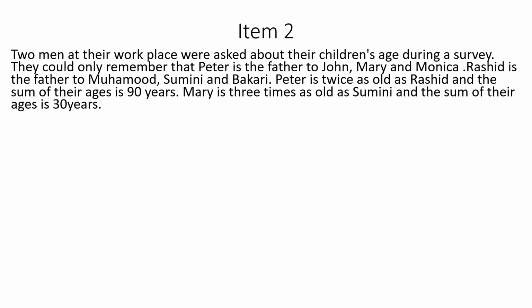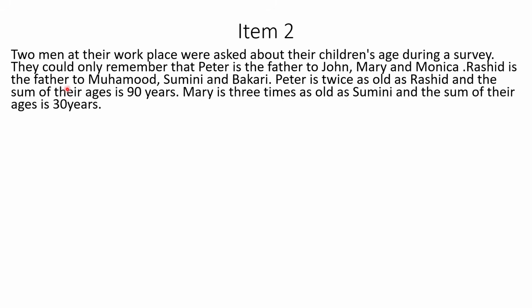And in item 2, this is the first paragraph. The two men at their workplace were asked about their children's age. During a survey, they could only remember that Peter is the father to John, May, Mary, and Monica.